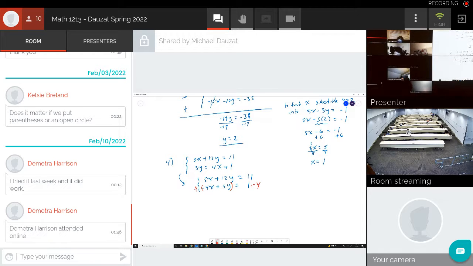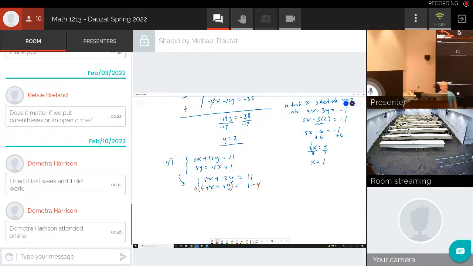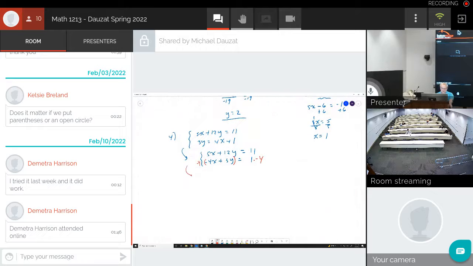If you had chosen the x's, what would be the least common multiple for the x's? The smallest number that 5 and -4 go into? 20. All right, so then when you do that, you get 5x plus 12y equal 11. Negative 4 times a negative 4x is 16x.